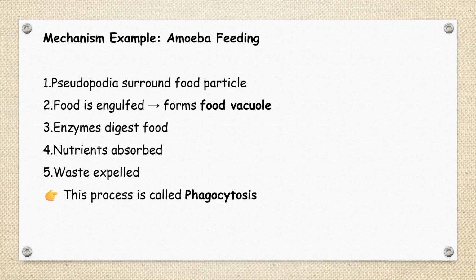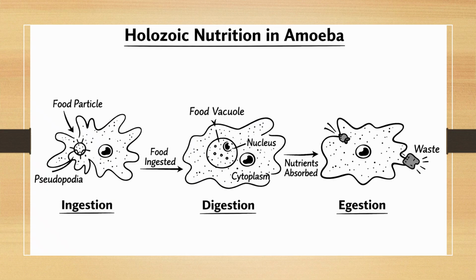Here you can clearly see step by step the same process we have discussed with the example of amoeba and how it feeds. In this slide, you can see the amoeba, with the help of pseudopodia, taking food particles into its body.